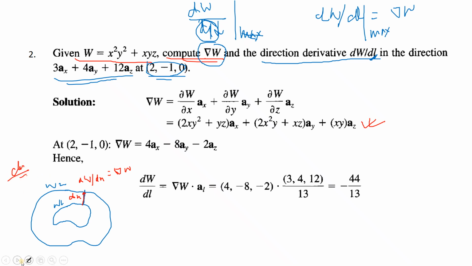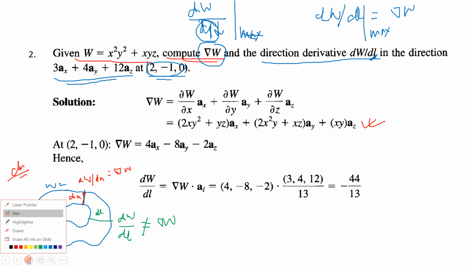Because dn is the shortest. But if you don't travel along dn, you are traveling along another path, dl. So here also you will get dW by dl, but it is not equal to this one.